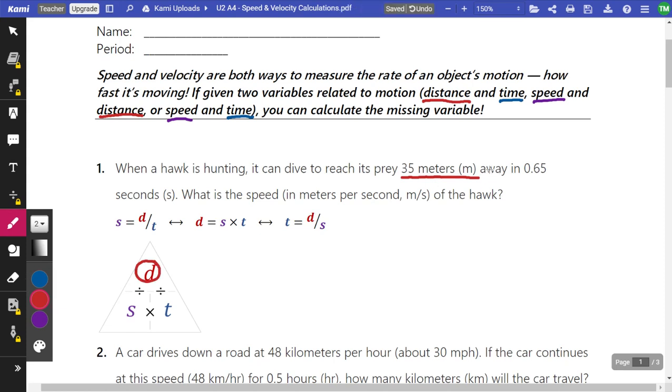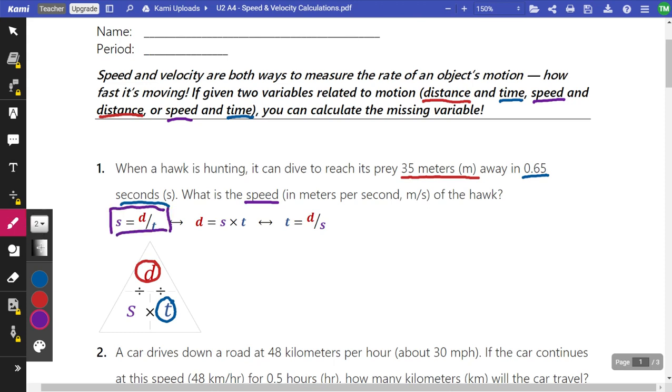This 0.65 seconds is the time it takes for the hawk to travel 35 meters as it's diving. So we have the distance, we have the time. What we don't have is the speed. That's what we want to solve for. Okay, so we want an equation that has speed equals something and something, so we can calculate it. Okay, like this equation right here.